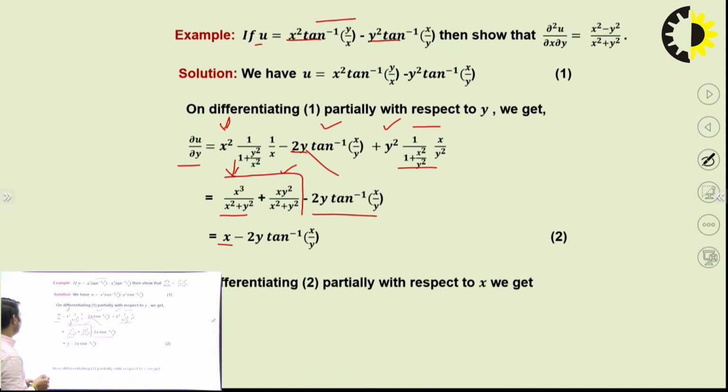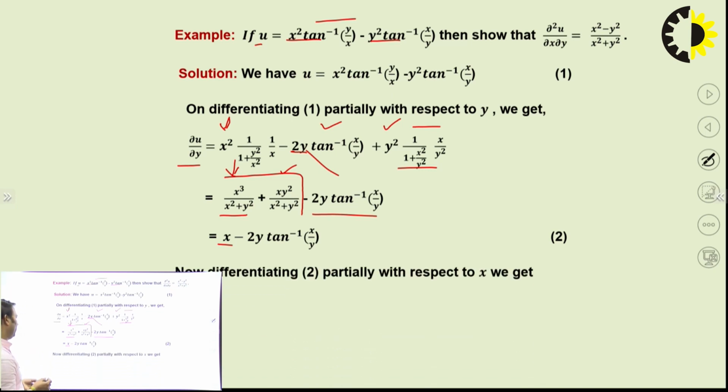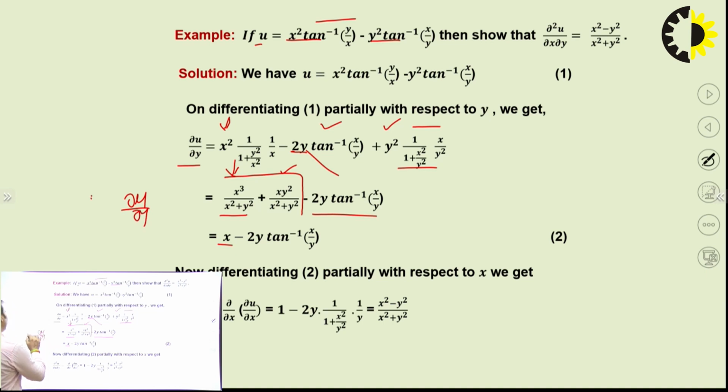So the final answer of del u by del y now reaches x minus 2y tan inverse x upon y. Okay, so now we have to obtain the partial differentiation of this equation number 2 with respect to x, because student, this is only del u by del y. So to convert it into del 2 u by del x del y, we have to differentiate this question one more time with respect to x.